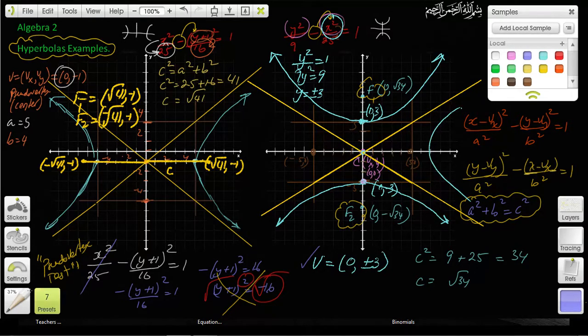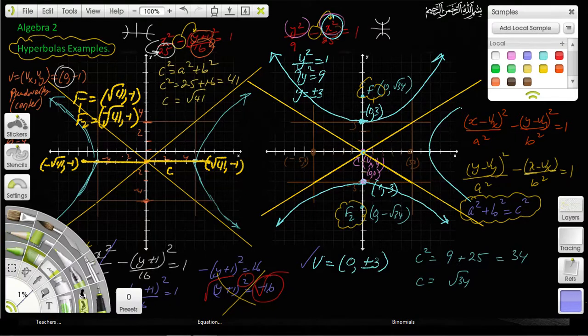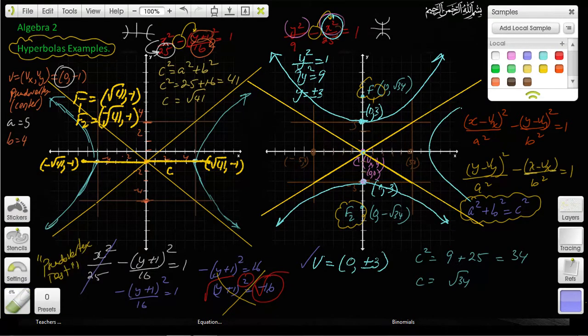Now, the only thing that we have not done over here is figure out the transverse and the conjugate axis. The transverse axis is the axis between the two foci, so that's the transverse axis over here. Let's call it transverse axis. And finally, this is going to be the conjugate axis, the non-foci axis. I should erase this over here.